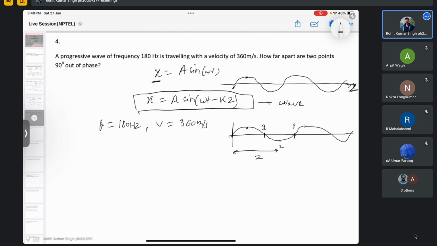So let me give you a clue. Suppose you start from this point, the whole 360 degree will be covered when we reach the same height and going in the same direction here, right? So this is the 360 degree. Starting here, this point will be 360 degree out of phase. Now where will be the 90 degree out of phase point?